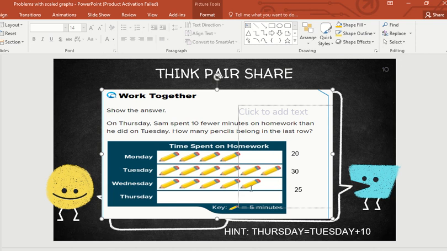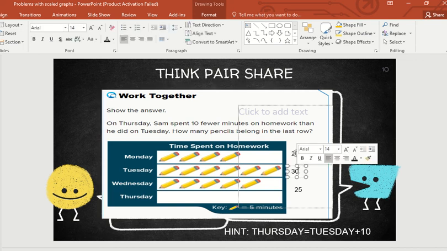But on Thursday there is no pencil. But here is what they give us. On Thursday, Sam spent 10 minutes less than Tuesday. Then 10 minutes less than Tuesday will be how much? 30 minus 10. Where will you go when you subtract 10 from 30? 20.